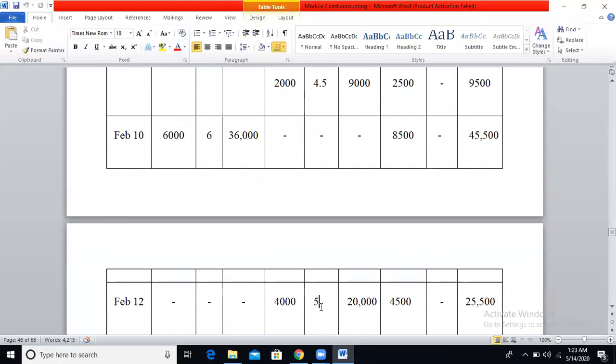So 4,000 into 5, the total value you will get 20,000. Now from the balance quantity, the issues should be deducted. 8,500 minus 4,000, the remaining value will be 4,500. And from the total, 45,500 minus 20,000, the remaining value will be 25,500.